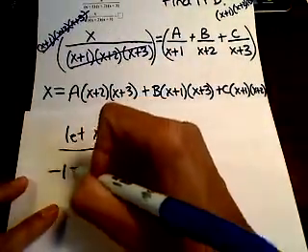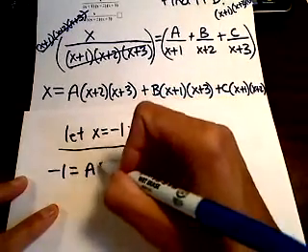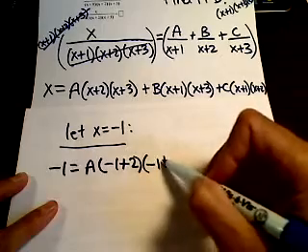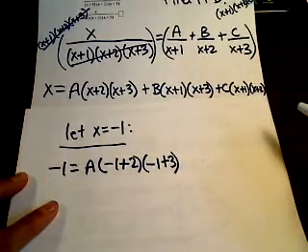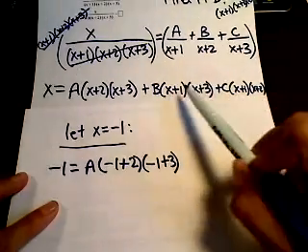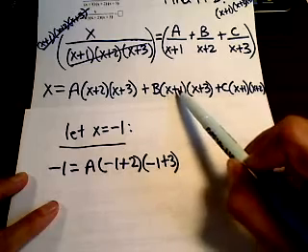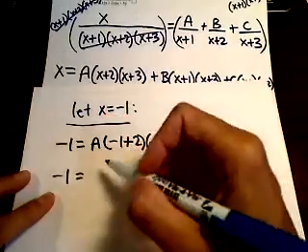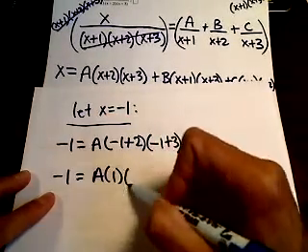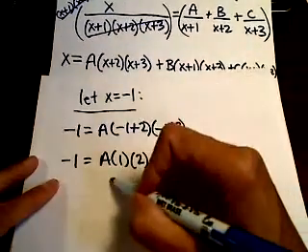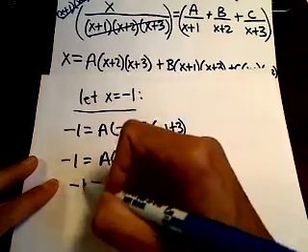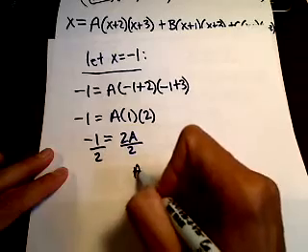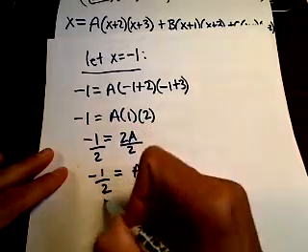So we have -1 equals A times -1 plus 2, and then -1 plus 3. Both of these terms are going to be 0. This B term here, -1 plus 1, that's 0, and over here that's 0. So we get -1 is A times 1 times 2. So that's 2A equals -1. Then when we divide by 2, A is -1/2.